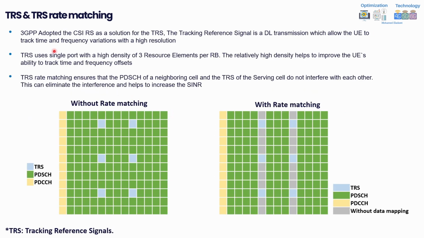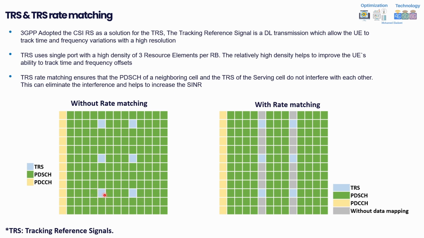Actually, before moving to the parameters, I just need to cover the TRS, the tracking reference signal, as I mentioned in the first slide. It's a subset of the CSI-RS, adapted by CSI-RS as a solution for the TRS. It's exactly the same concept: some resources are transmitted here.